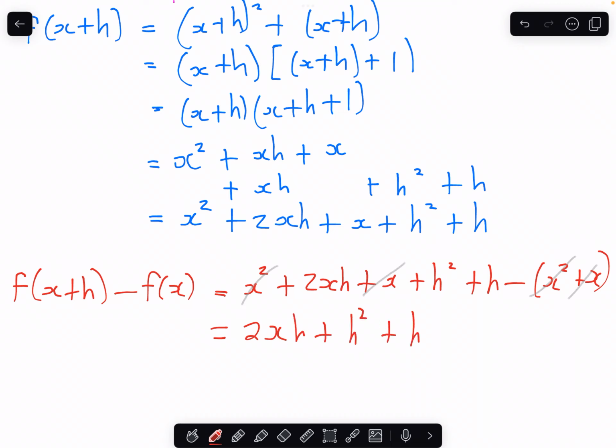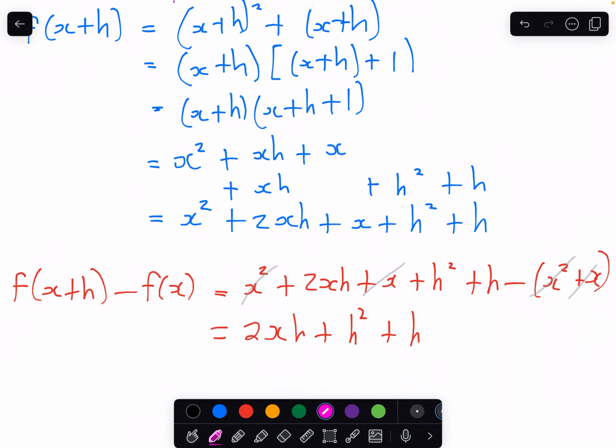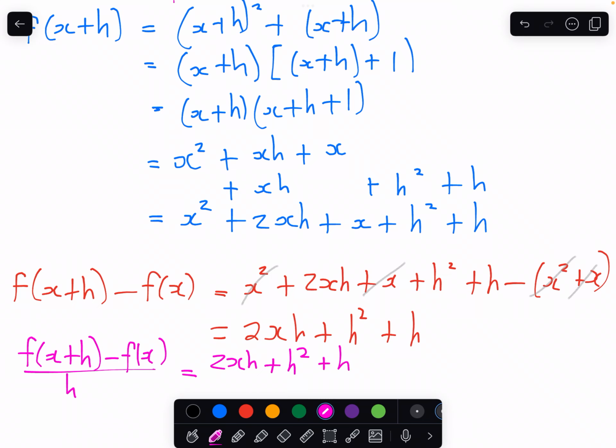Now the next thing we can figure out is f of x plus h minus f of x, over h, which is equal to 2xh plus h squared plus h, over h.